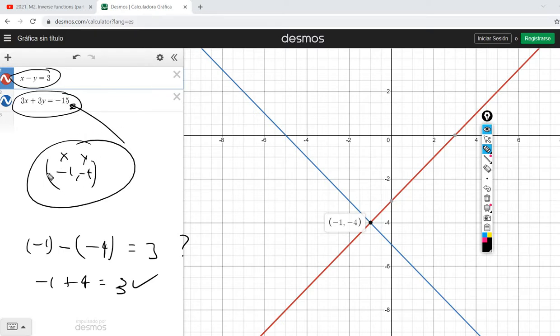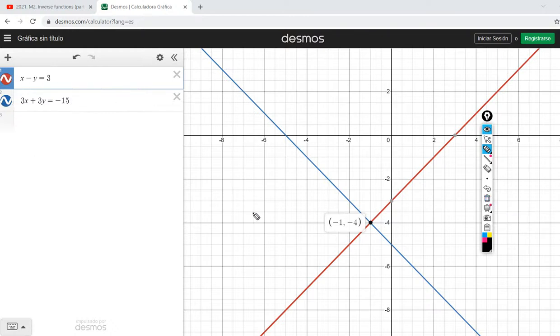What that means is that this point, or this pair of numbers, -1 comma -4, the first one representing x, the second one representing y, is the solution to this system of equations, because these satisfy both equations at the same time. That's what it means. And that's basically how you solve a system of equations by the graphical method.